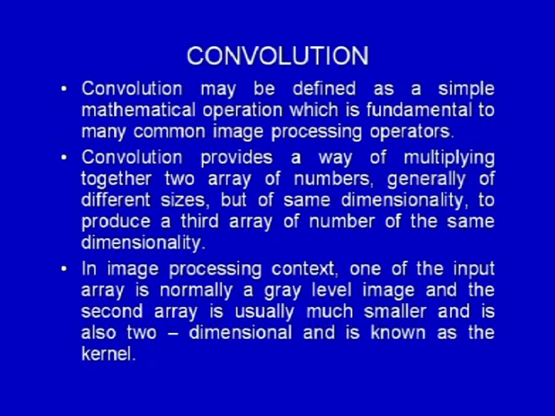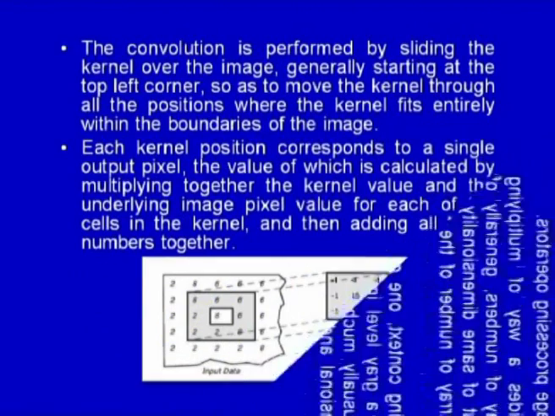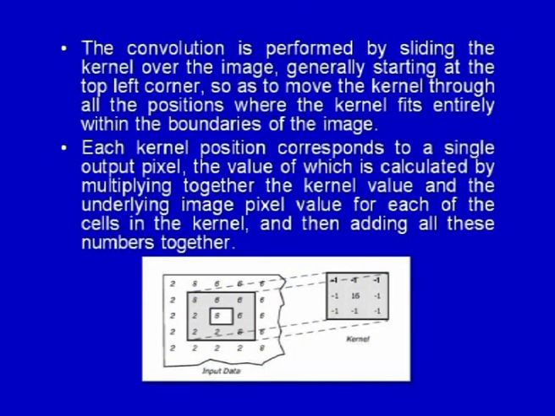In the image processing context, one of the input arrays is normally a gray level image and the second array is usually much smaller, is also two dimensional, and is known as the kernel. The convolution is performed by sliding the kernel over the image, generally starting at the top left corner, so as to move the kernel through all the positions where the kernel fits entirely within the boundaries of the image.